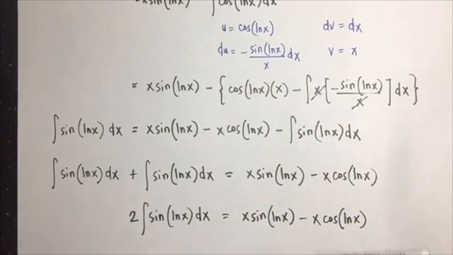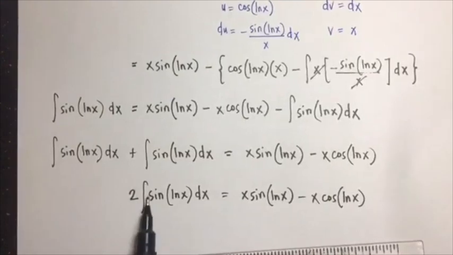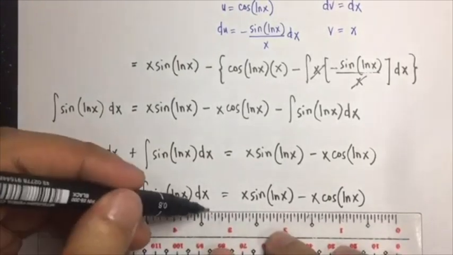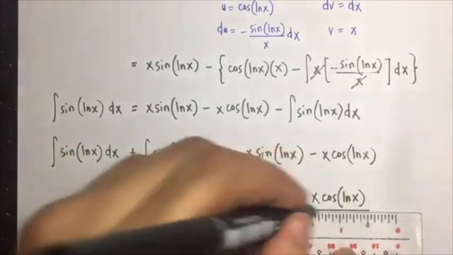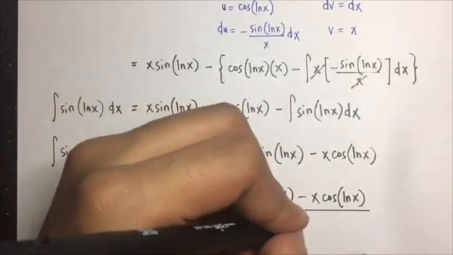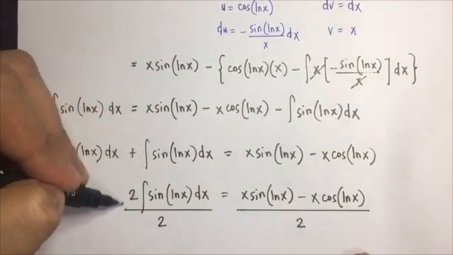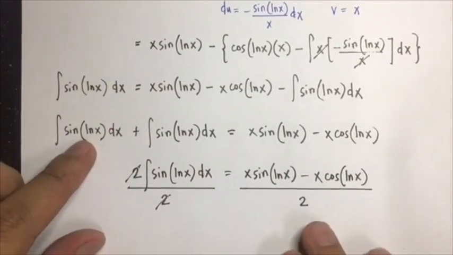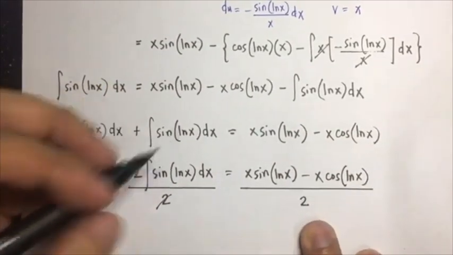Since we are only looking for the integral of sine of ln of x dx, we will divide both sides of the equation by 2, so that we can cancel this, and what will remain is our answer.